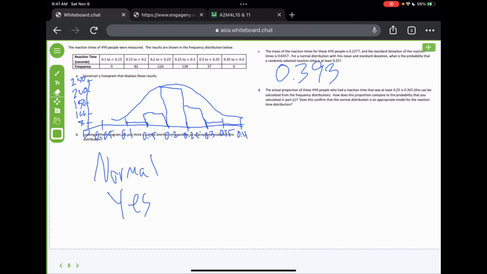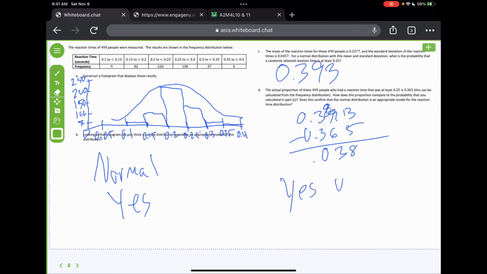Well, at 0.393, if we were to subtract 0.365, we're only off by, what is that, 0.028? So not even 3%. Okay, so yes, this would be very close and indicates that it is normally distributed.